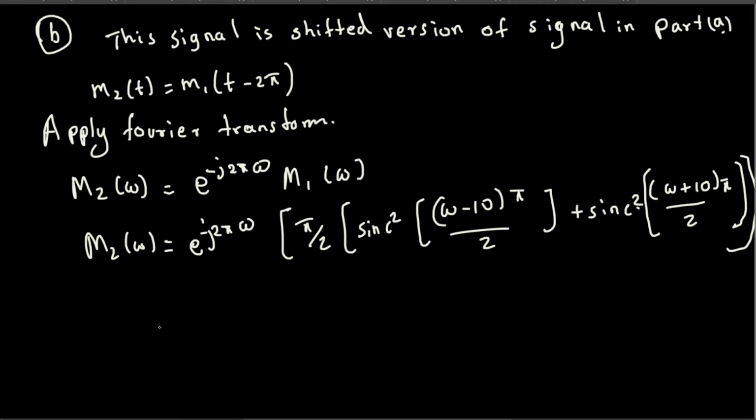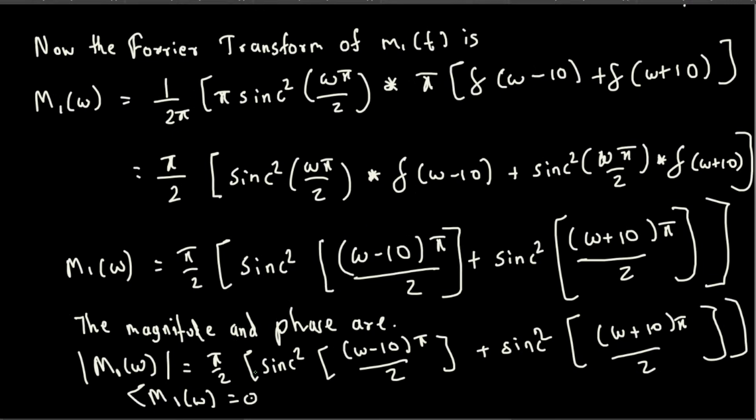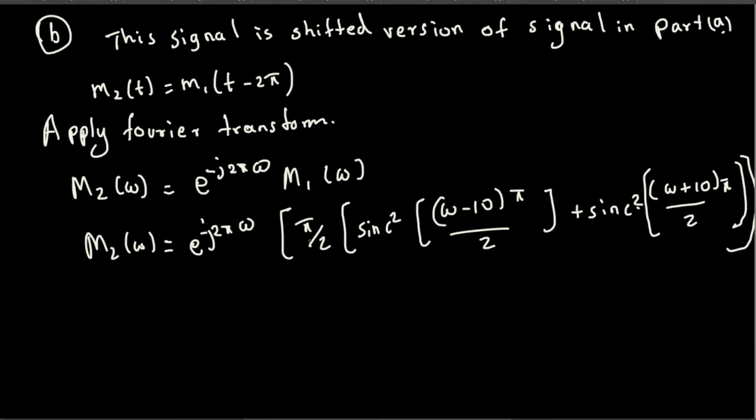And here, can we simplify this further? Let's see. One thing I noticed is that this 5 by 2 is multiplying the whole thing, so we can take the 5 by 2 to the front as well.